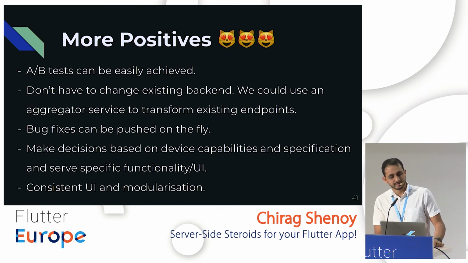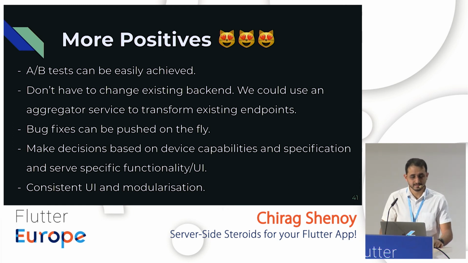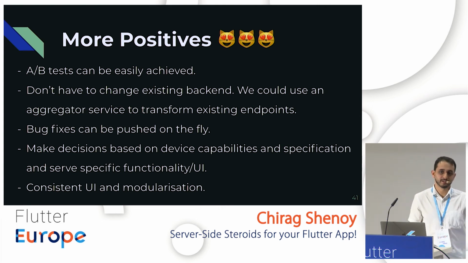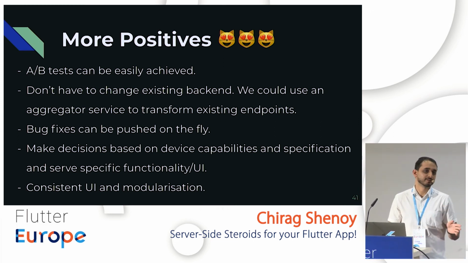More positives. A/B tests can be easily achieved. I think we already spoke about this in the first few slides. The second one is a very interesting thing. It says you don't have to change your existing backend. If you remember the traditional way in which an API response was sent to the client, you can still have the same services in your backend.